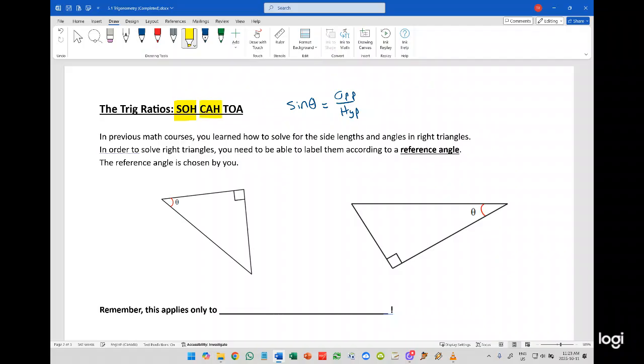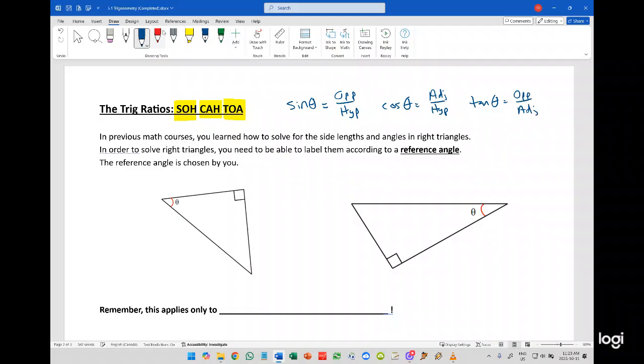The cos of the angle is equal to the adjacent over the hypotenuse. And finally, the tan of the angle is equal to the opposite over the adjacent.